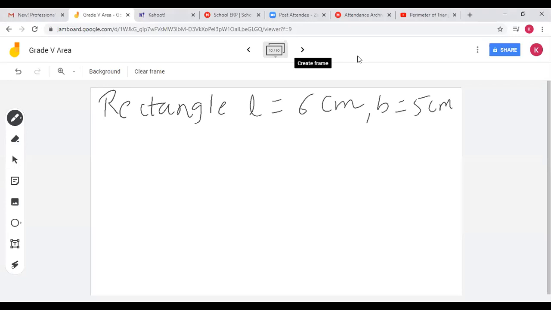Find its perimeter and area. That you have to find out.